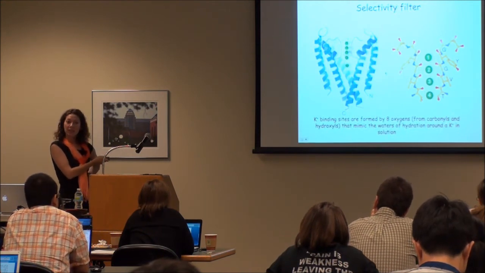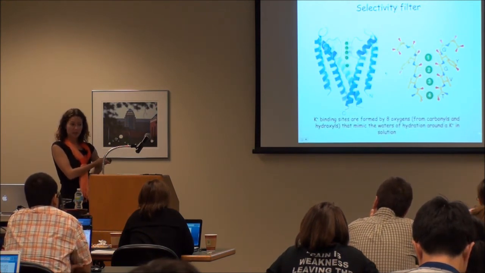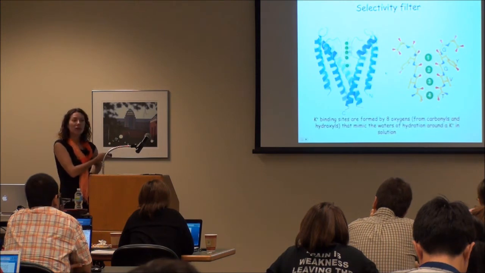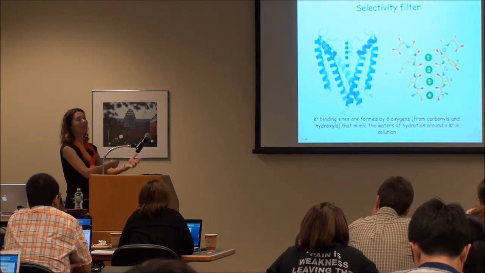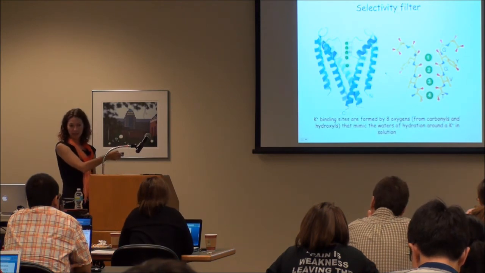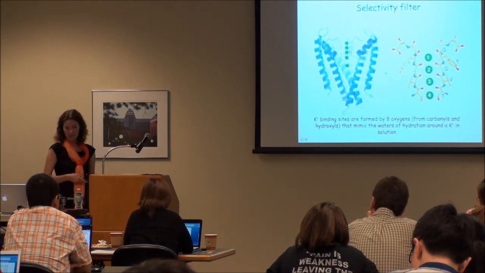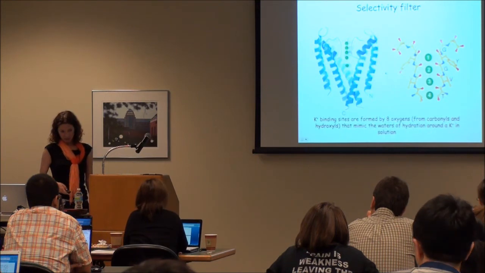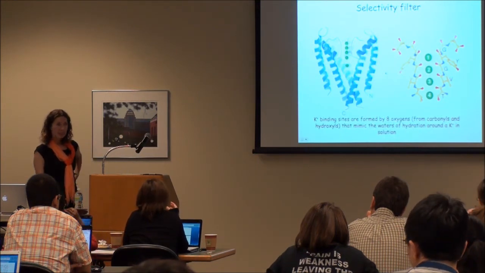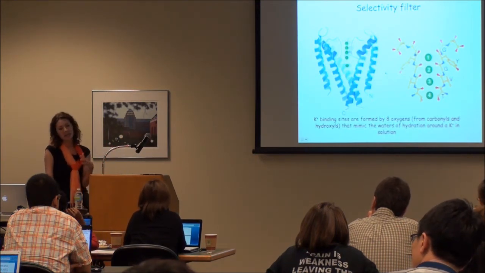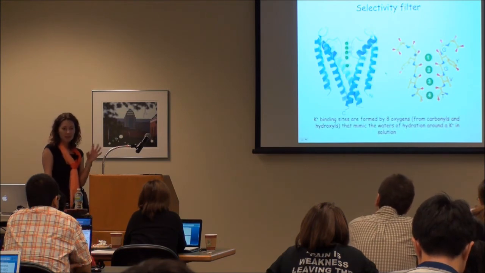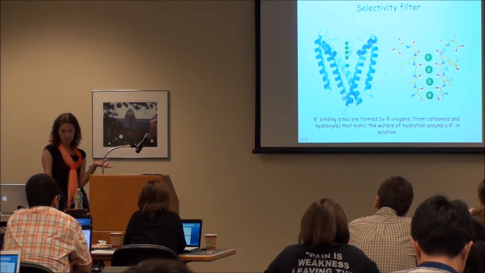what you lose by dehydrating the potassium ion to get it in here is actually all compensated in the selectivity filter. It varies between ions. So different ions have different dehydration energy.